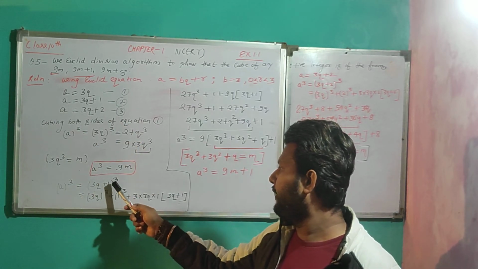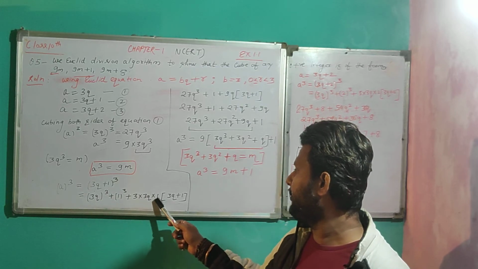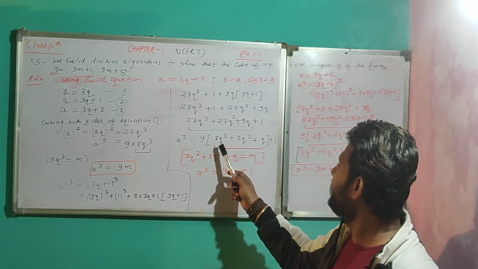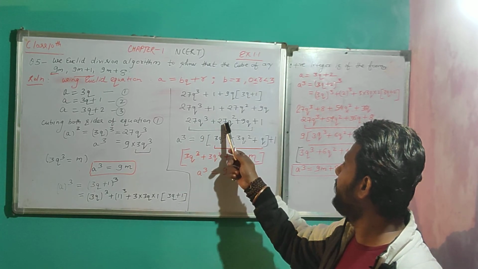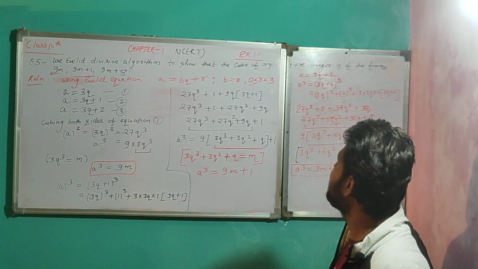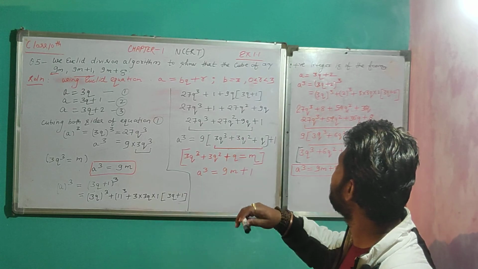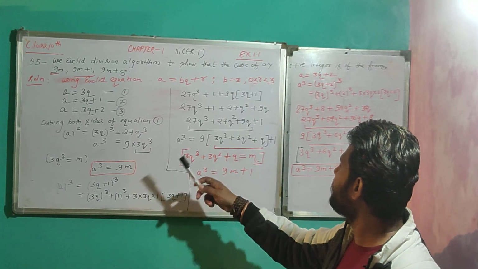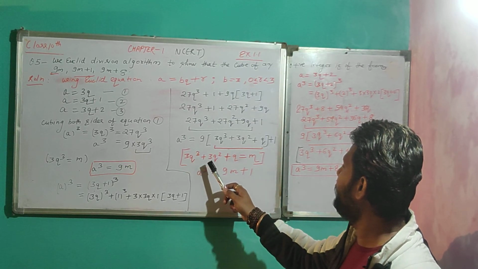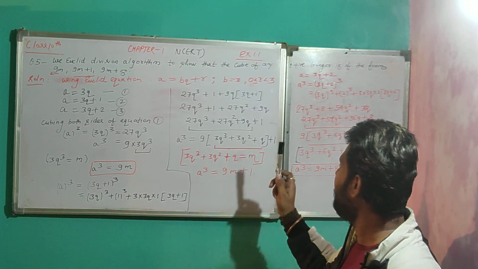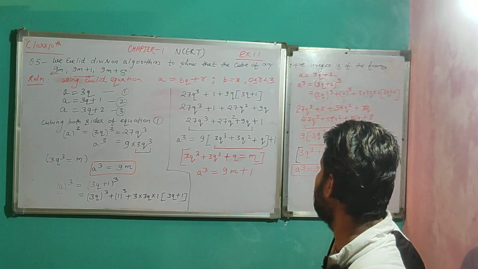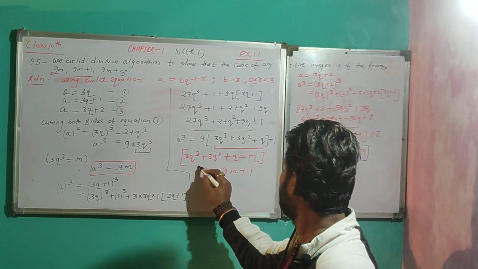a cube is equal to (3q + 1) whole cube, a cube plus b cube plus 3ab bracket a plus b. On solving and rearranging, we get a cube is equal to 27q cube plus 27q square plus 9q plus 1. Taking 9 as common from these terms, we assume 3q cube plus 3q square plus q is equal to m. Therefore, a cube is equal to 9m plus 1. The second one is also proved.